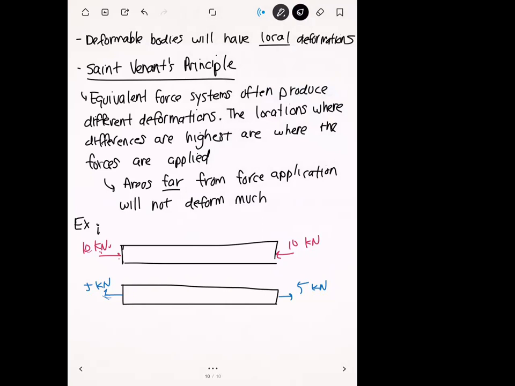Okay. And so what Saint Venant's principle states is that in these areas over here, at the ends of the bar, this is where the force is being applied, right? And so this is where you're going to see the biggest differences between the deformation.